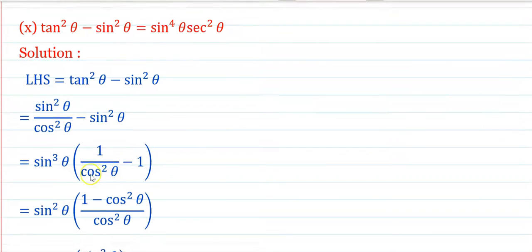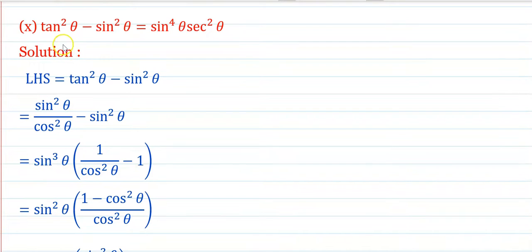Now the next problem. Tan square theta minus sin square theta is equal to sin theta raised to 4 into sec square theta. Now first we consider the LHS. Convert this tan square theta in terms of sin square theta upon cos square theta. Therefore sin square theta upon cos square theta minus sin square theta.